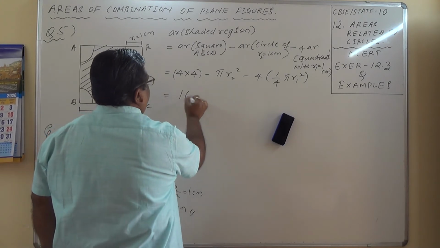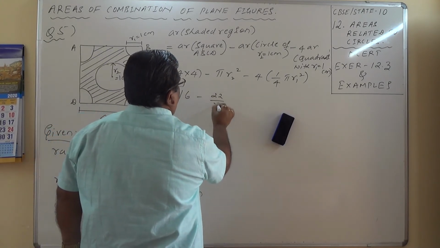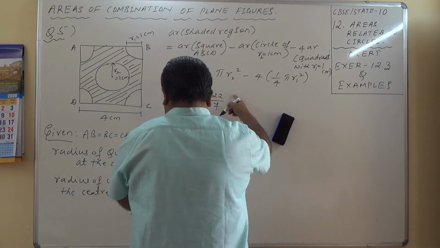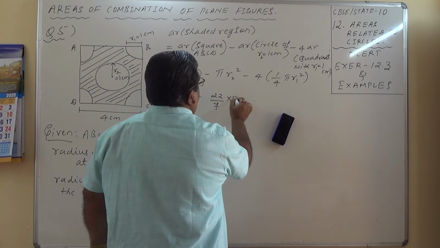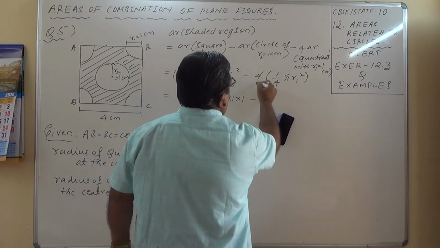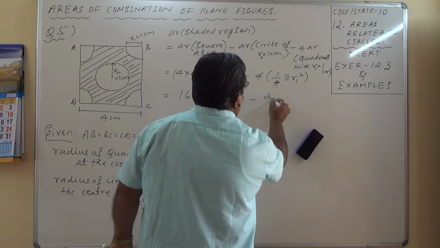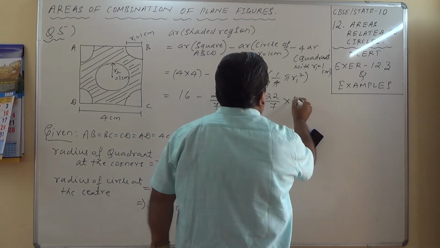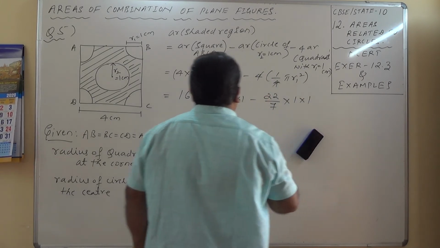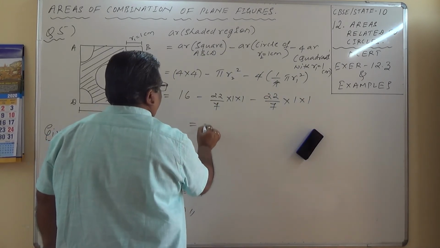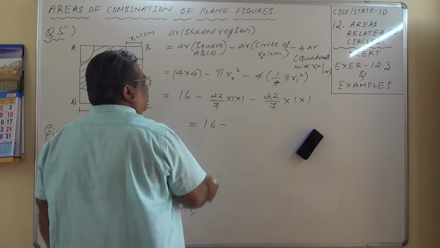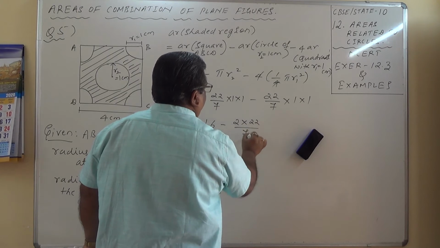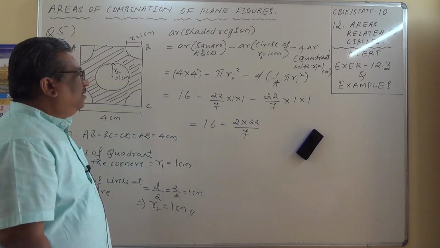which is equal to 16 minus 22/7 into R2, R2 is 1 centimeter, into 1 into 1, minus 4 cancels, 22/7 into R1 square, which is also 1 into 1. So this is equal to 16 minus 2 times 22/7. Is it right?